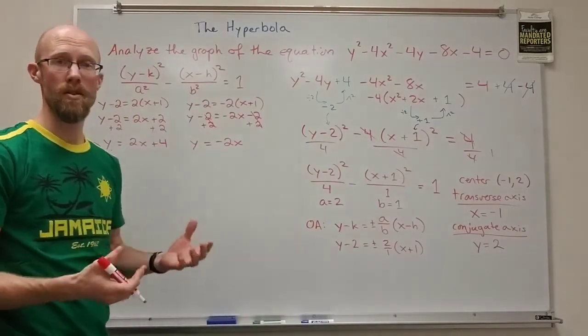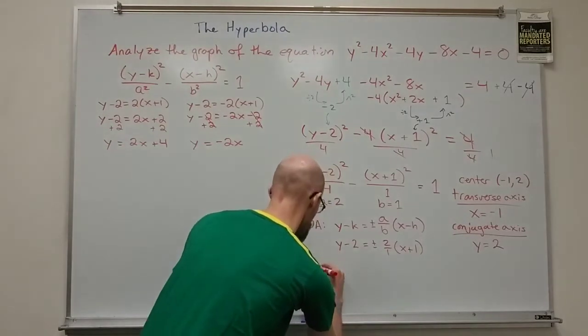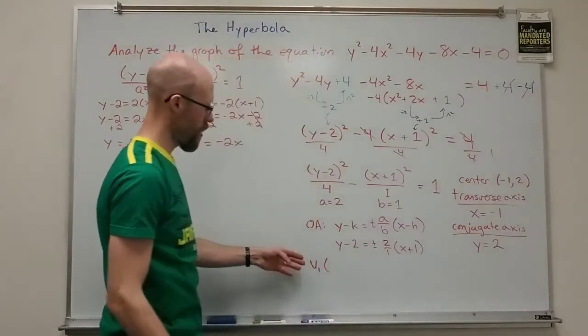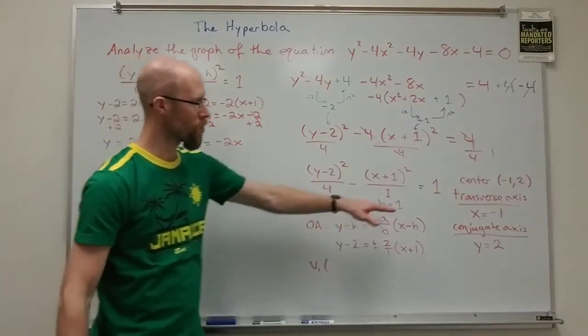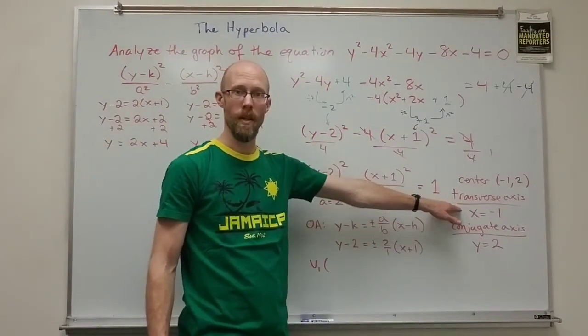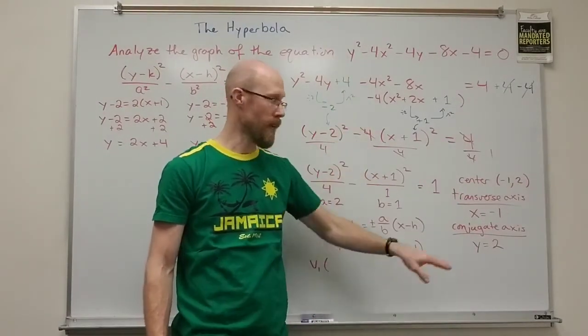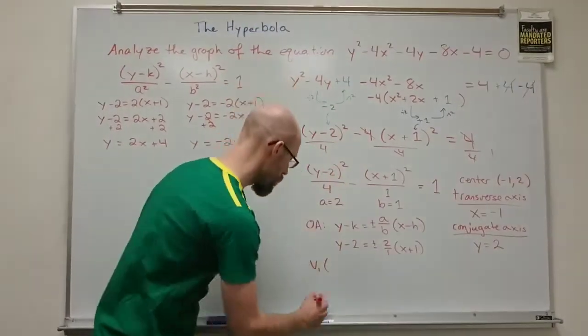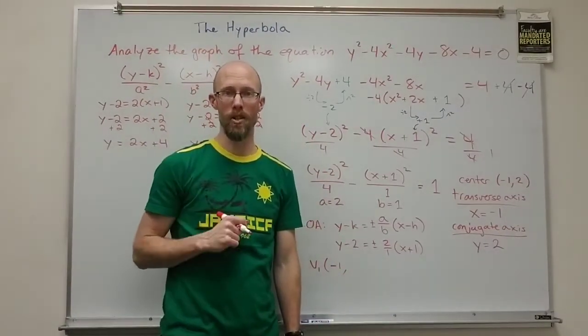The vertices are going to be pretty quick to find. Vertex 1 is going to be, well, it's along the transverse axis, okay? So it's along this vertical line at -1. So I know the x coordinate has to be -1. It's the y coordinate that changes.